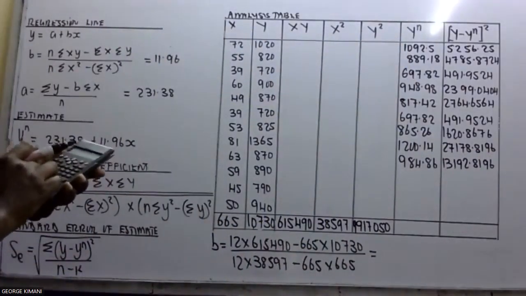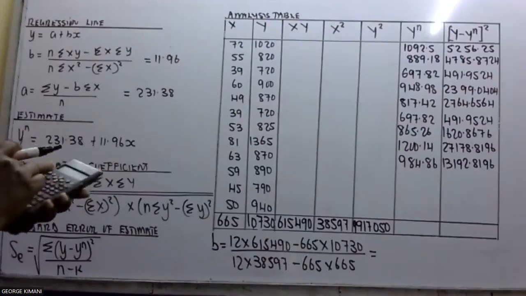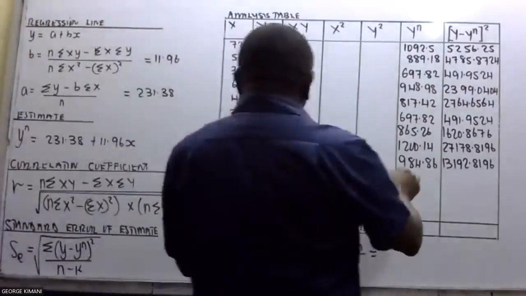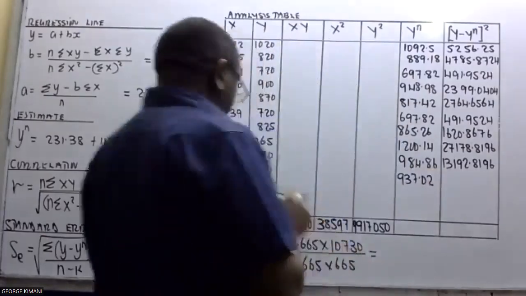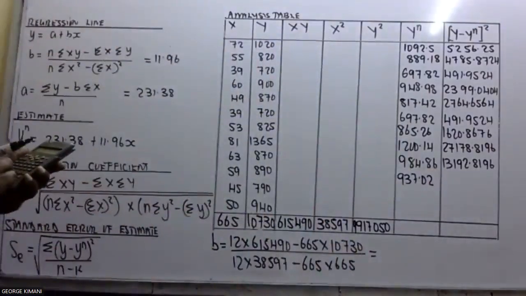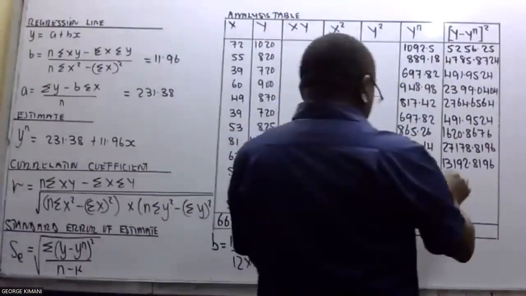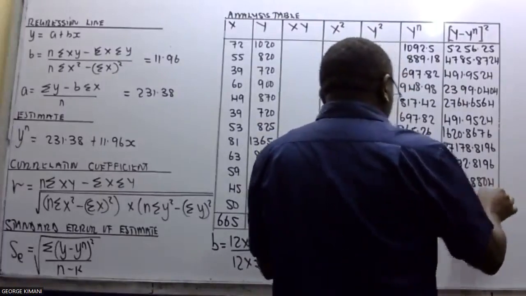Let me say 231.38 plus 11.96 times 59. I'm getting 997.02. So 890 minus the answer, you square that, is 2210.8804.